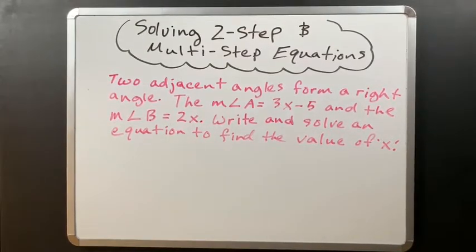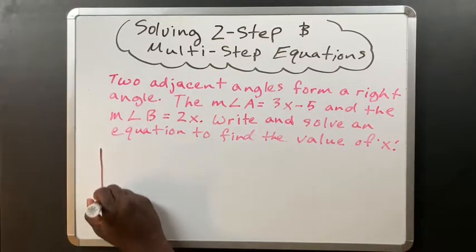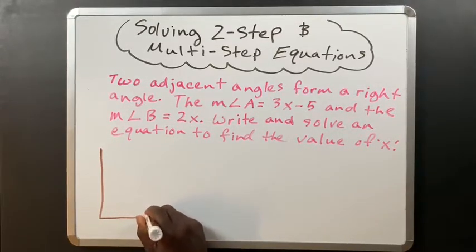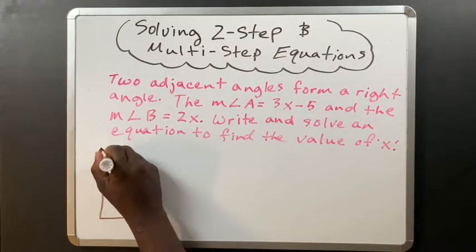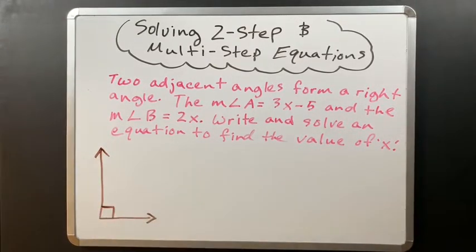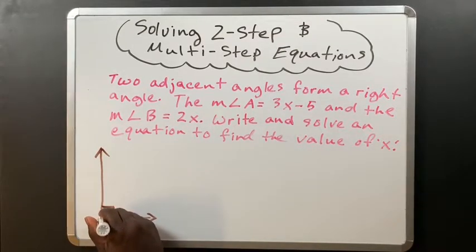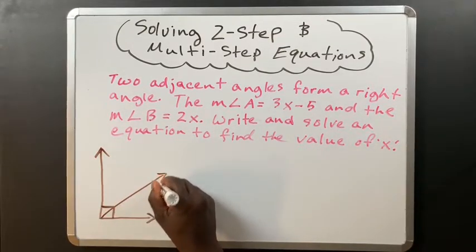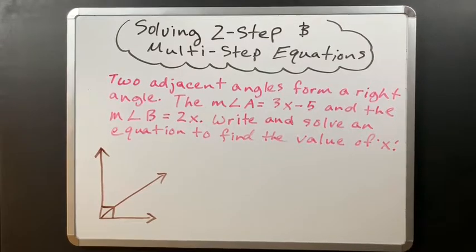So let's go ahead and get a picture going first, so we can make sure we understand what's going on here. So let's draw a right angle, okay? This is our right angle. We'll put a square here that lets us know that it's 90 degrees. And then I'm going to draw a ray extending from the vertex. And let's label the angles here.